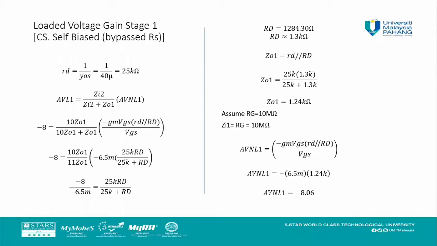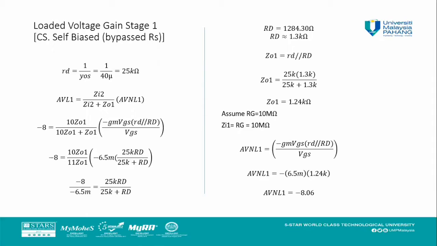Loaded voltage gain stage 1, CS self-bias bypassed RS. The RD equation is equal to 1 over YOS. We substitute YOS and we get RD equal to 25 kilo ohms. The AV loaded 1 formula is equal to Z in over Z in plus Z out 1 times AV no load 1.